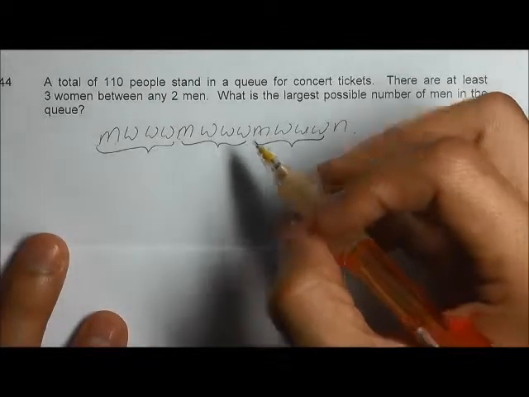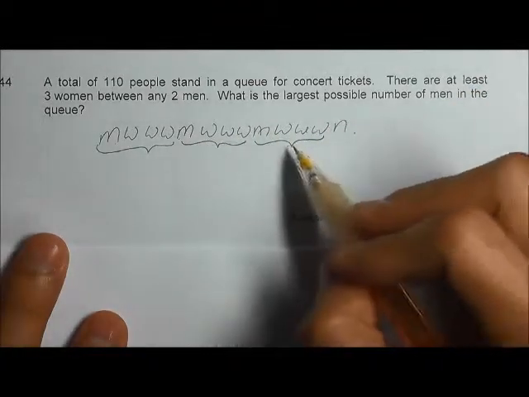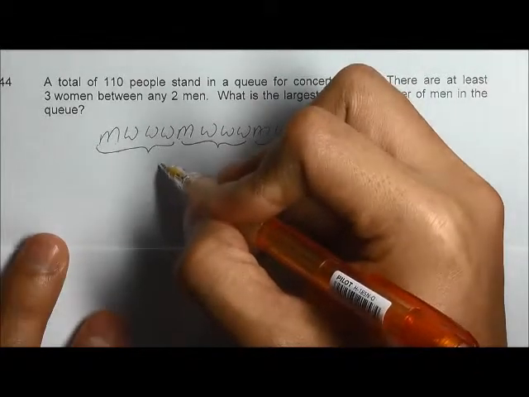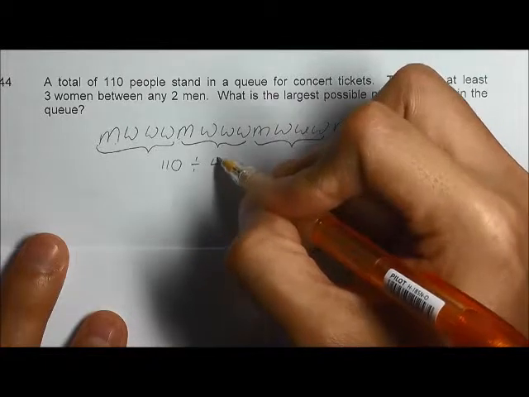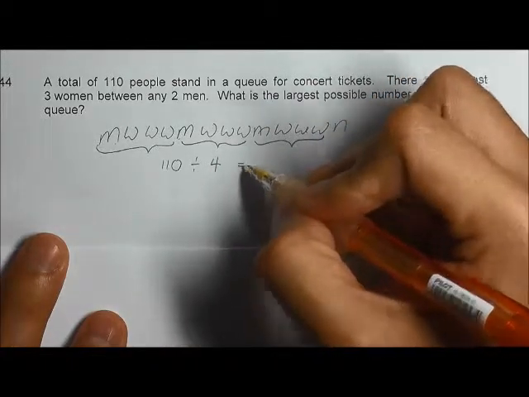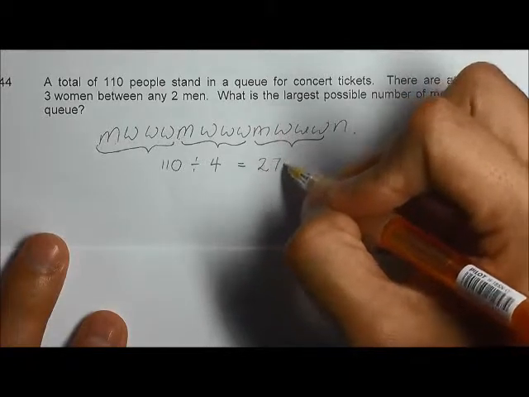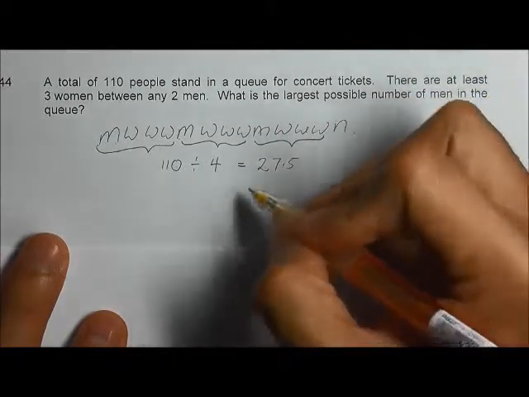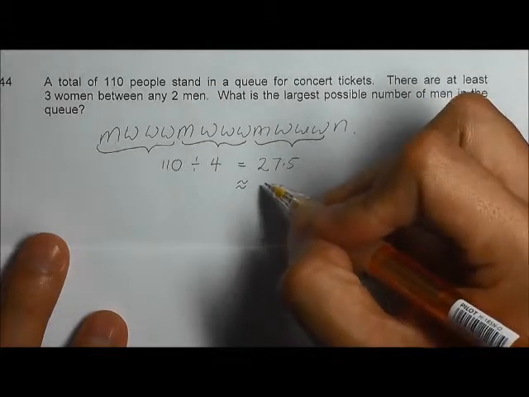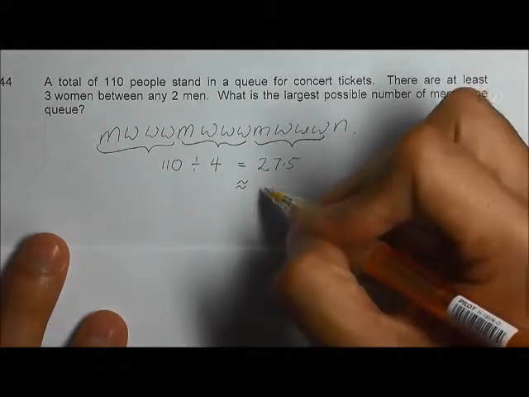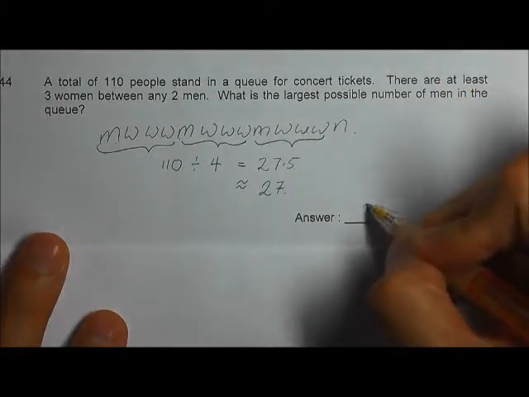So to find the number of men in this arrangement, we just need to take 110 divided by 4. That will give us 27.5. So when we round off, we have to round down because there is no half a man. So the maximum number of men that we can have will be 27.